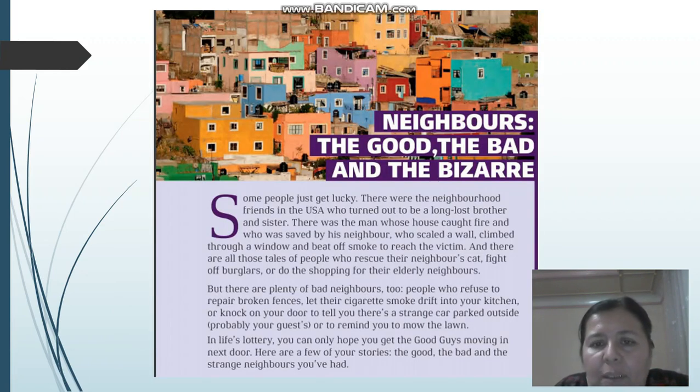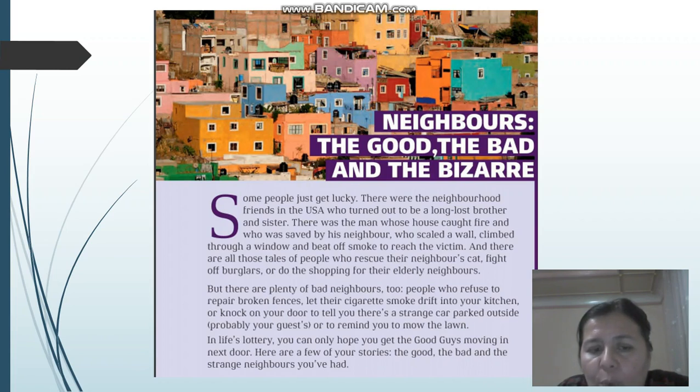Here you see the article about neighbors, about good and bad neighbors. Read this article attentively. Some people just get lucky. There are neighborhood friends in the USA who turned out to be a long-lost brother and sister. There was the man whose house caught fire and who was saved by their neighbor, who scaled a wall and climbed through a window and fought off smoke to reach the victim.